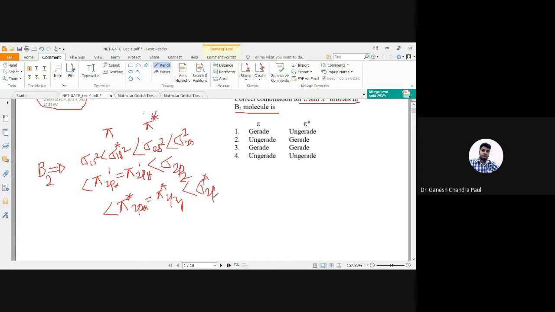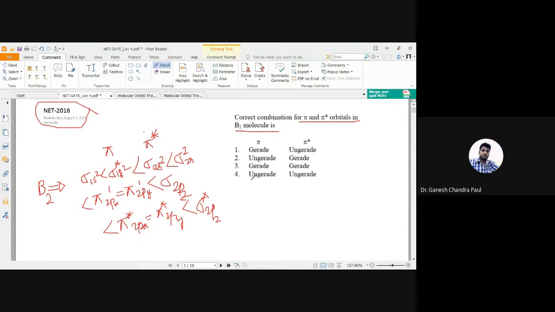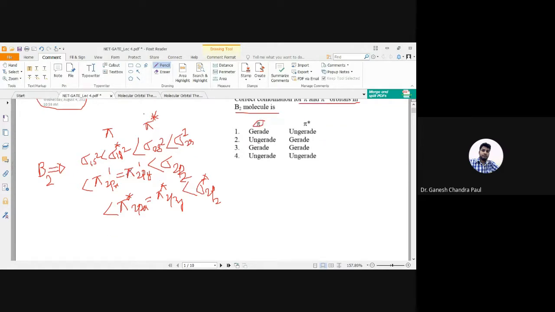So this is the overall electronic configuration of B2 molecule according to molecular orbital theory. Here they are asking about the pi and pi star orbitals, so pi 2px and pi 2py orbital, and pi star 2px, pi star 2py orbital.